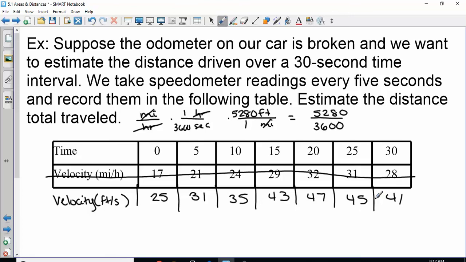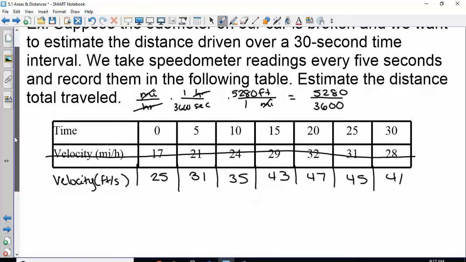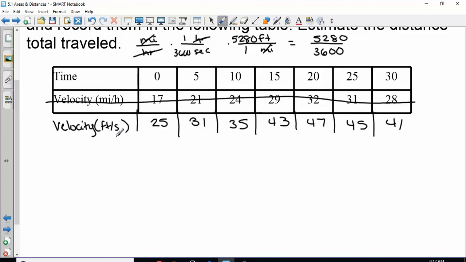Now my units are all consistent, so we can estimate the distance. Distance is rate times time, right? We can think of this like our previous problems. We can estimate it two ways.